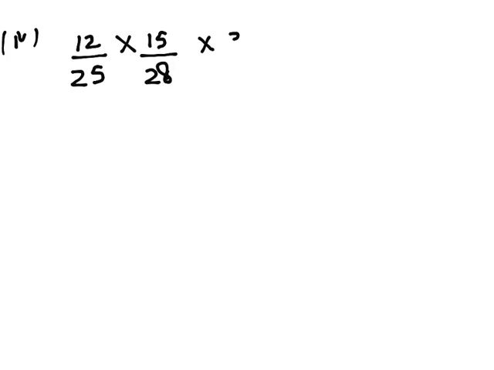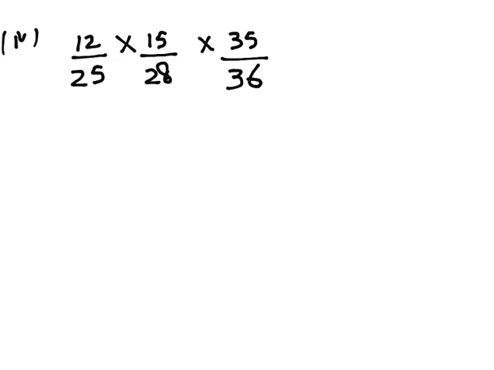Let's take another example. In this we have more than two fractions, like 12 by 25 times 15 by 28 times 35 by 36. Here we will see whether any numerator or denominator can be changed into the simplest form.